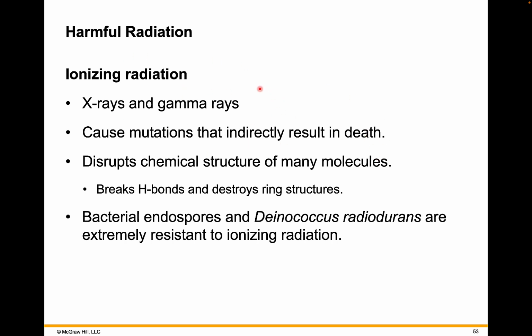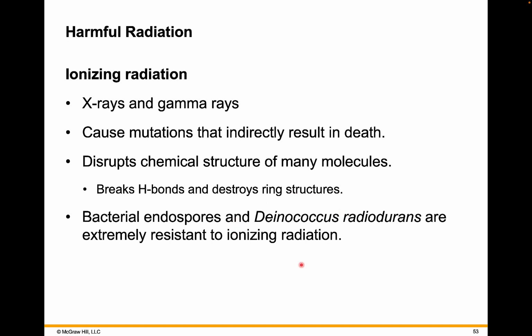Many times, gamma rays are utilized as a sterilizing agent in some industries. They disrupt the chemical structure of many molecules, break hydrogen bonds, and destroy ring structures. On the other hand, we talked about the bacterial endospore, and Deinococcus radiodurans is extremely resistant to even ionizing radiations.